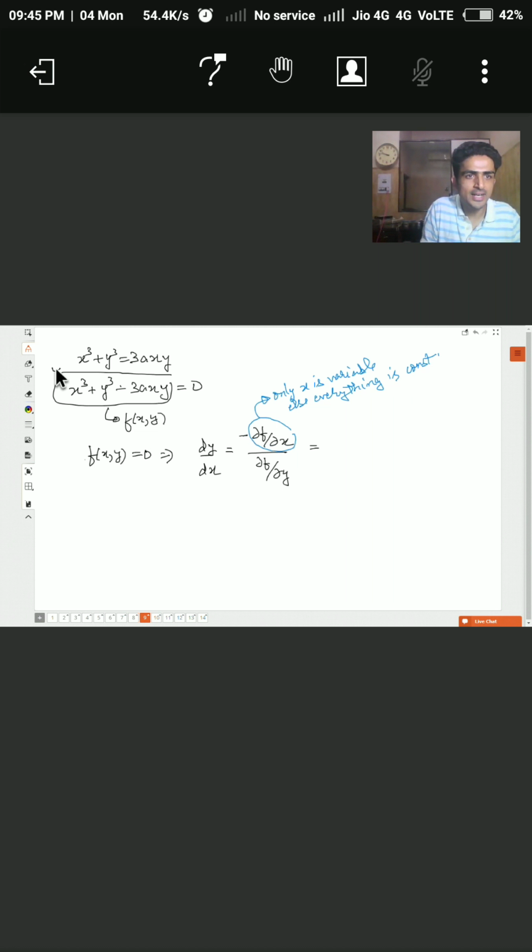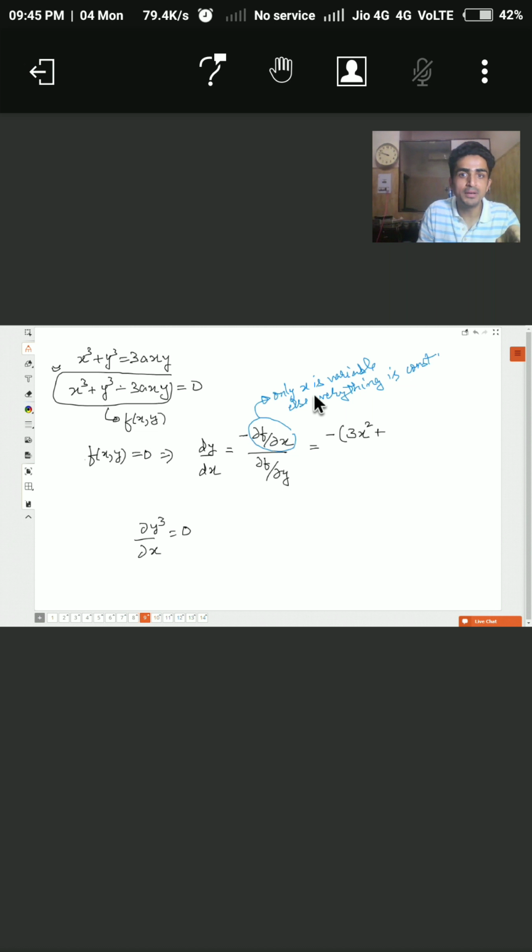So now just differentiate it, seeing x as variable and every other term as constant. Minus, derivative of x cube, 3x square. Derivative of y cube, but with respect to x, 0.